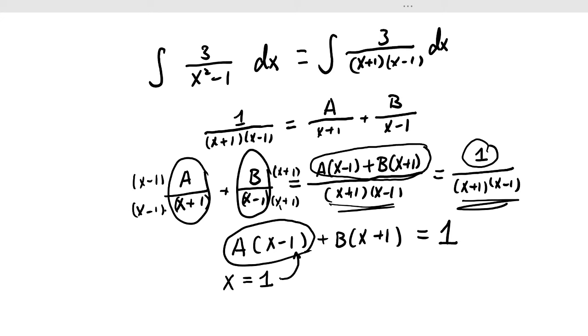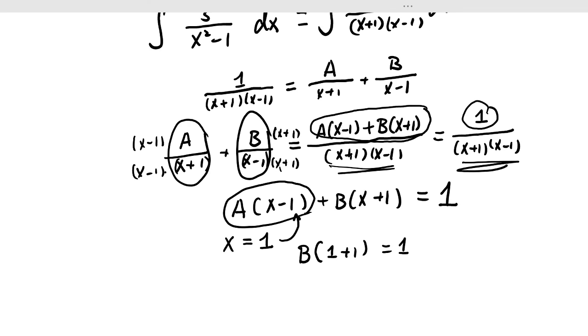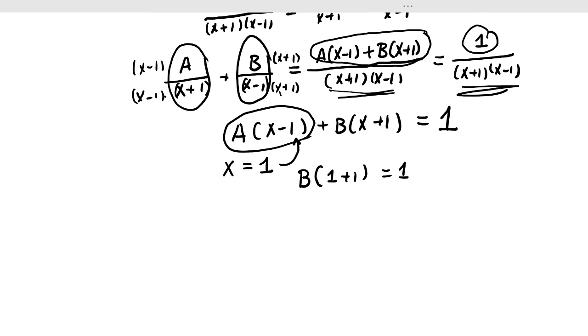So when x equals 1, we're going to have B only. X is 1, so B times 1 plus 1 equals 1. Now we can solve for B: B times 2 equals 1, B equals a half.